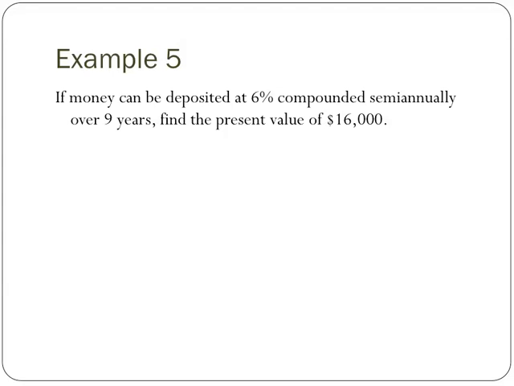So example 5. If money can be deposited at 6% compounded semi-annually over 9 years, find the present value of $16,000. So start with the formula, and let's fill in what we know. We're trying to find the present value of $16,000. That means I want to know how much I need to invest in order to attain $16,000 after 9 years if the money is deposited at 6% compounded semi-annually.